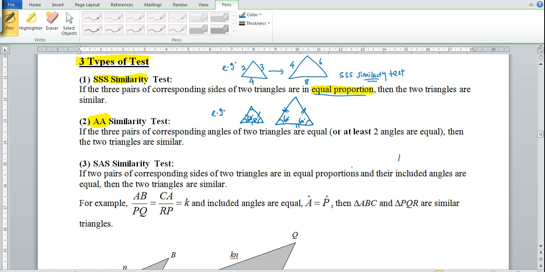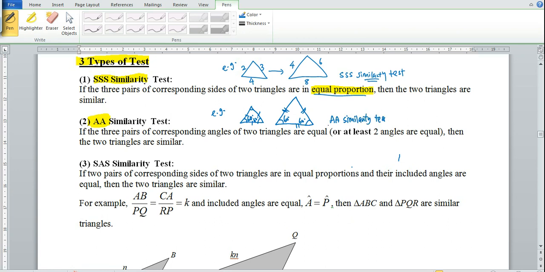So because they are equilateral, they have the same shape, but they are proportionate on every other side. So I can say that they are similar based on AA similarity test. Angle, angle, similarity test.